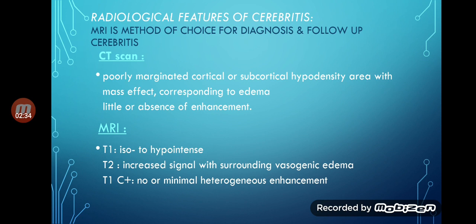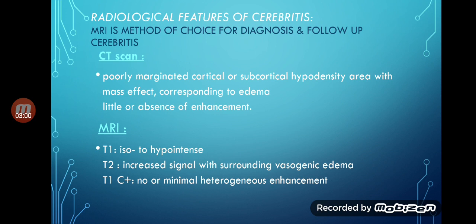On CT scan, cerebritis appears as a hypodense area involving the cortex and subcortex, with minimal edema or mass effect, and none or just minimal enhancement.